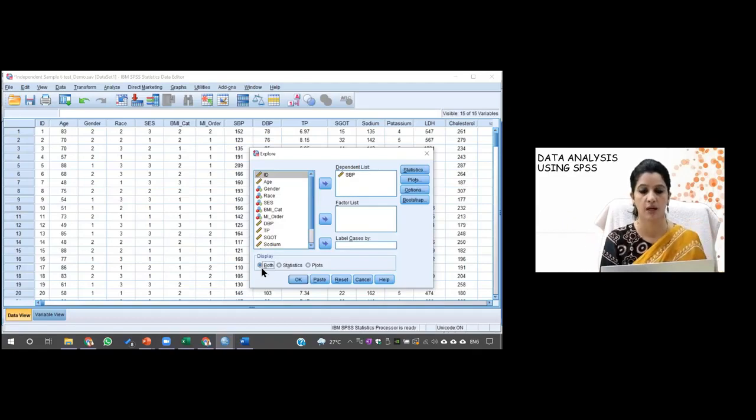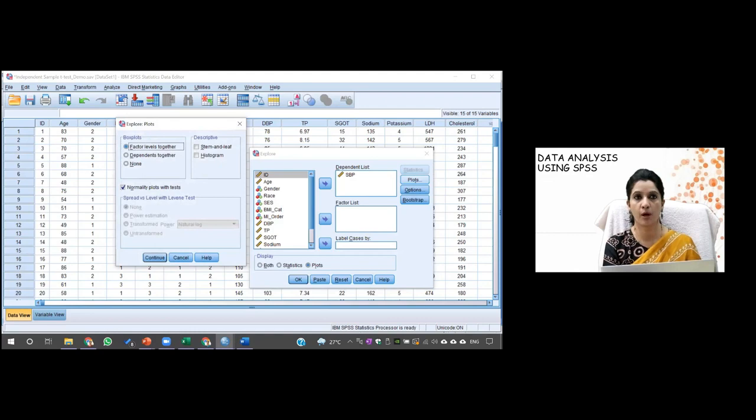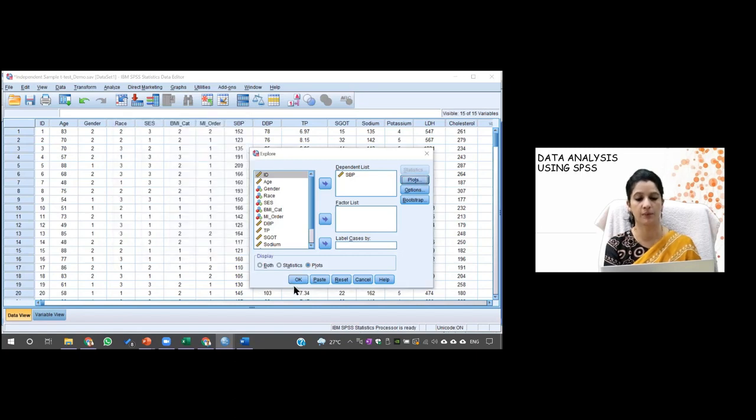So I'll check plots, and then I'll go to the plots. In the plot option, by default, stem and leaf is checked, but I don't want this because we don't use this. What we use is the normality plot with test. That is the command which we use in SPSS to test for normality. Then press continue and then press OK.